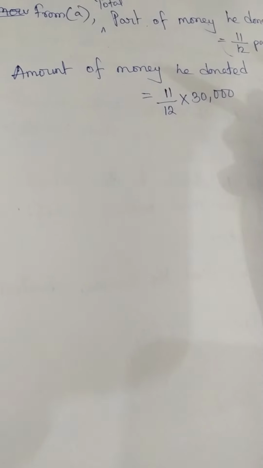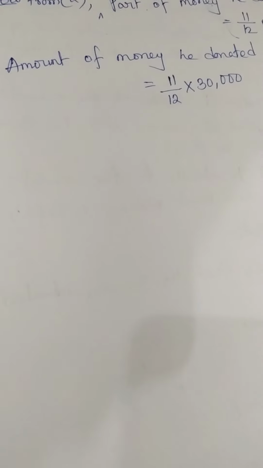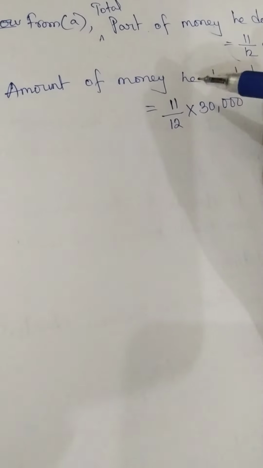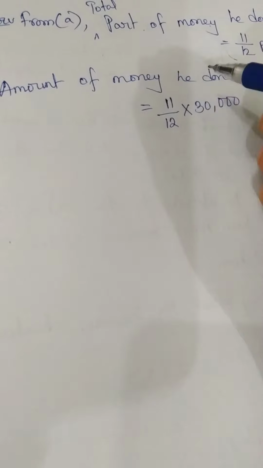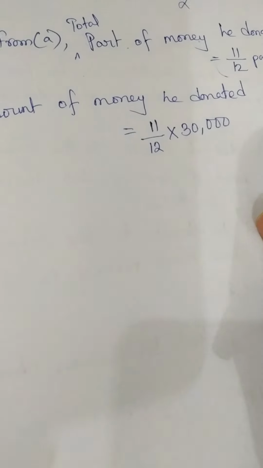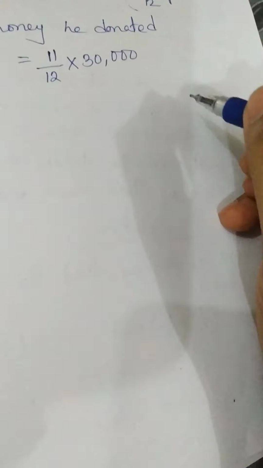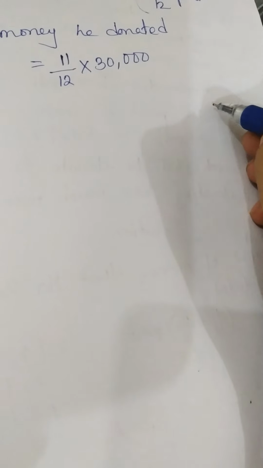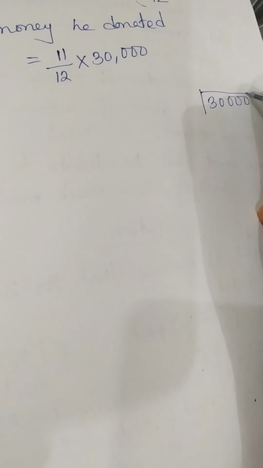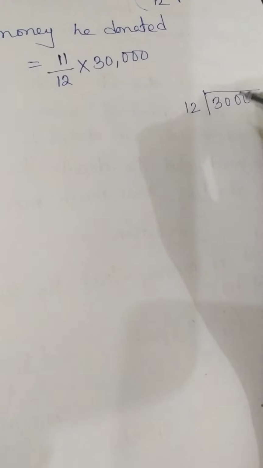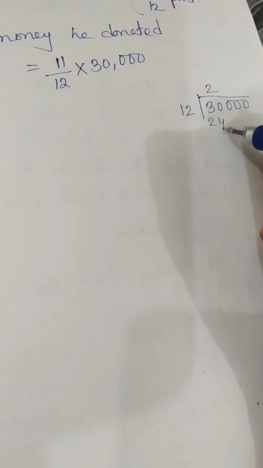How? You can just divide. So we can just normally try to divide. Let's say 12 and 30,000. Let's see if we can first divide the whole thing with 12. So 12 2s are 24.